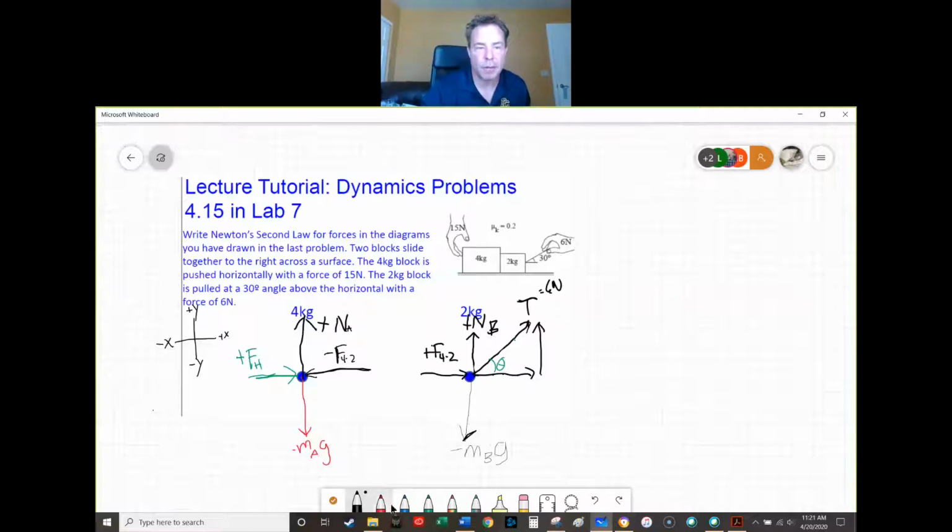And that hand force over here was 15 newtons. Somebody want to go ahead and label this and the horizontal and vertical vectors of that tension force in terms of theta?